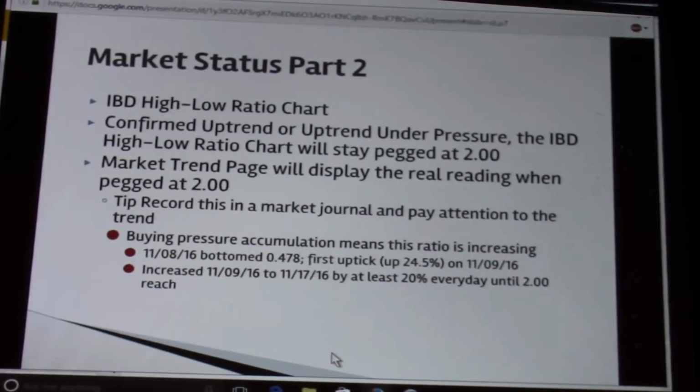It went up another 20%. Guess what was under accumulation on November 4th, 7th, 8th, 9th?